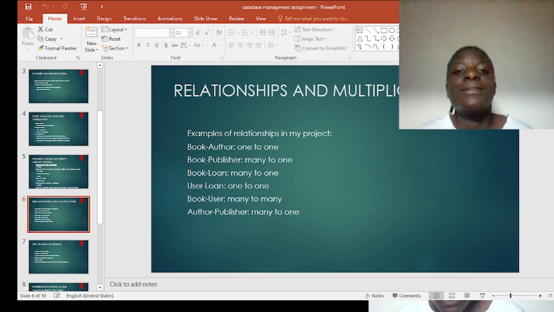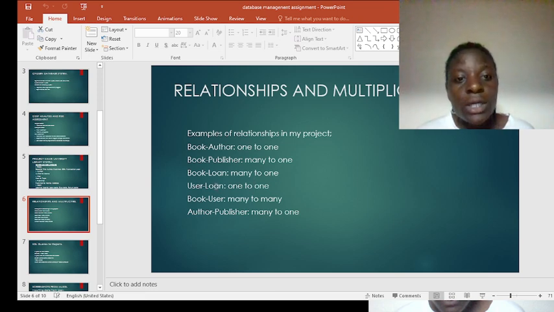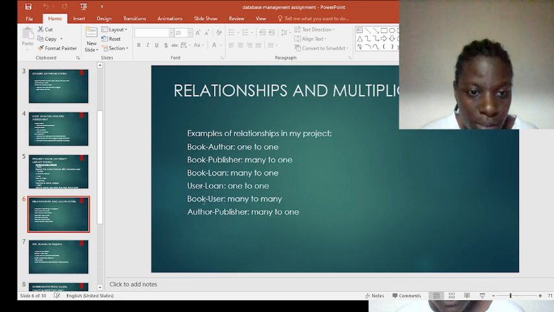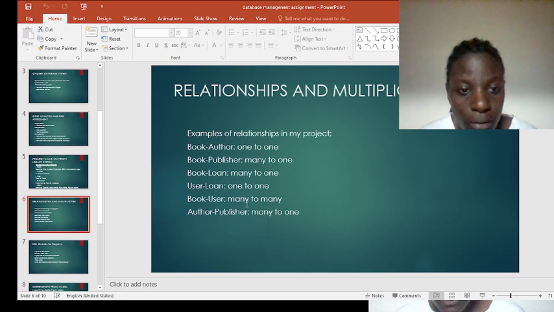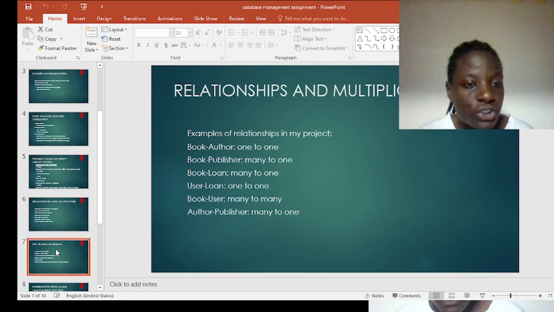Book to loan, the relationship is many to one. That means many books can be taken on one loan. User to loan, one-to-one. One user can take up only one loan. Book to user has many to many, meaning many books can be taken by many users. And then author to publisher, many to one. So many authors can be worked upon by one publisher.